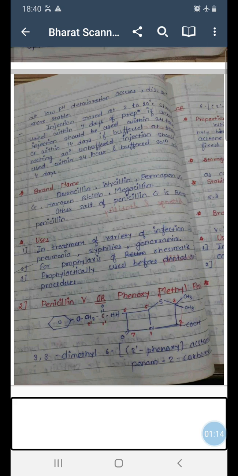Phenoxy means phenyl to which oxy is attached, or oxygen is attached. Now oxygen, we have seen, can be written as oxy or it can be written as oxo. If an oxygen atom is acting as a connecting atom, that is single bond O single bond, then you use the word oxy.